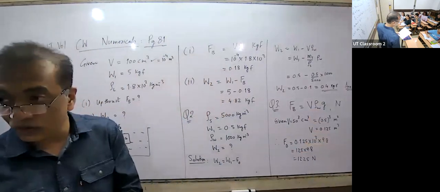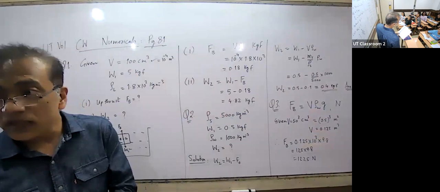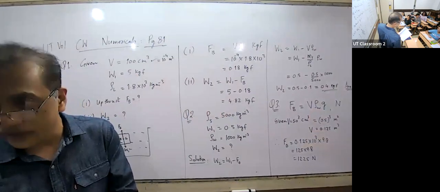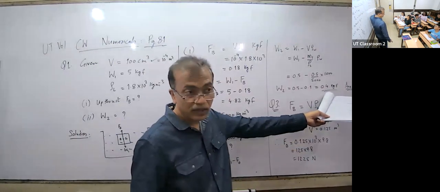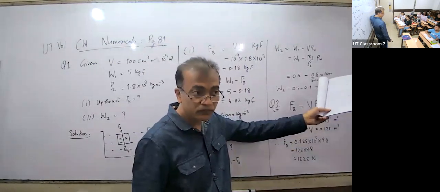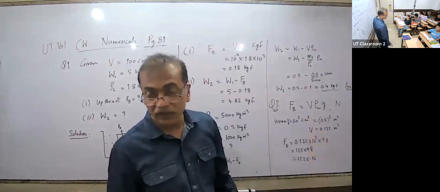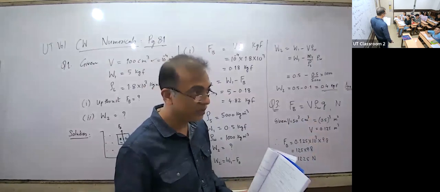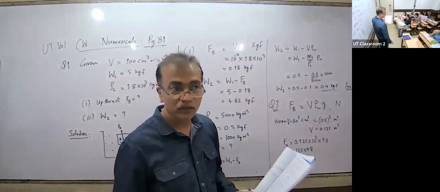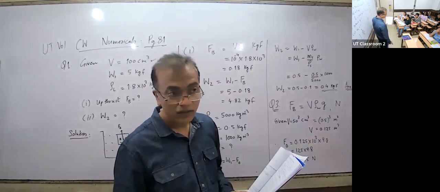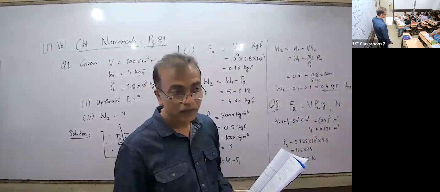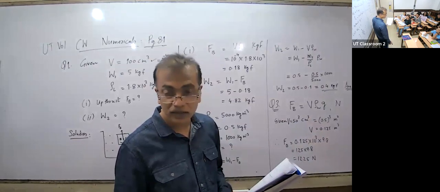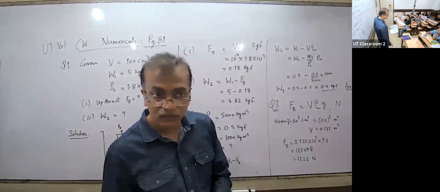So it is what? CGS gravitational unit of weight. And what about this? SI gravitational unit of weight. What is the SI unit of weight? Newton. You understand? These things should be very, very clear. Just CGS is dyne. Did I say SI? CGS gravitational unit of weight is gram force.